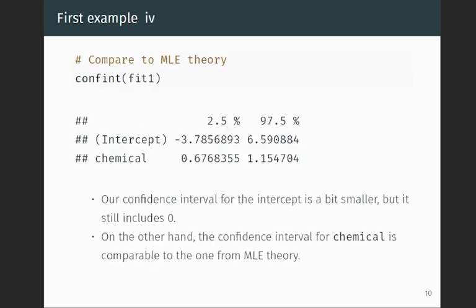And of course, we can compare it to what we get from least squares estimation or maximum likelihood estimation. The confidence interval for the intercept is a bit smaller, but still includes 0. On the other hand, the confidence interval for chemical is comparable to the one from MLE theory. So just like we concluded by using the Eicker-Huber-White standard errors, the confidence intervals actually don't change very much.